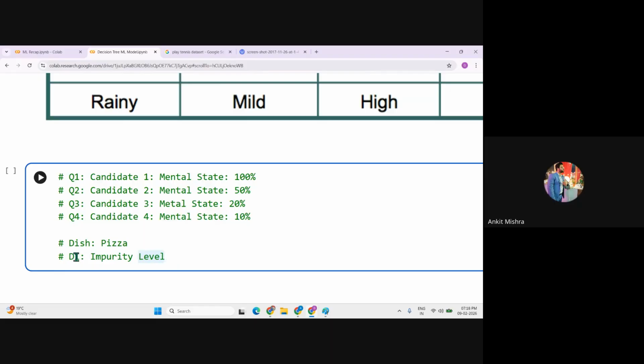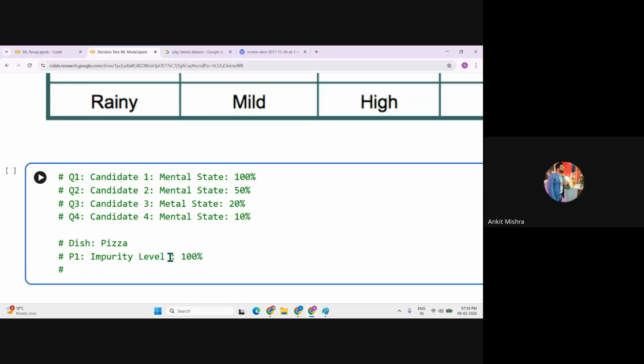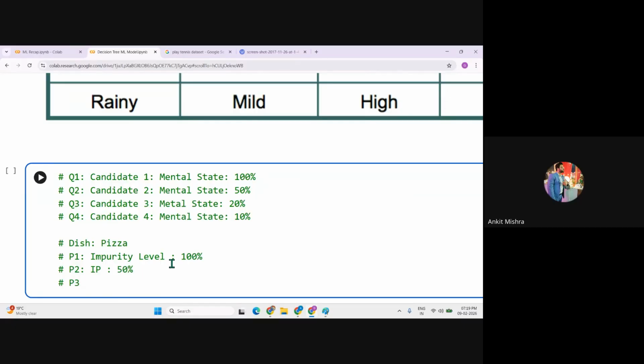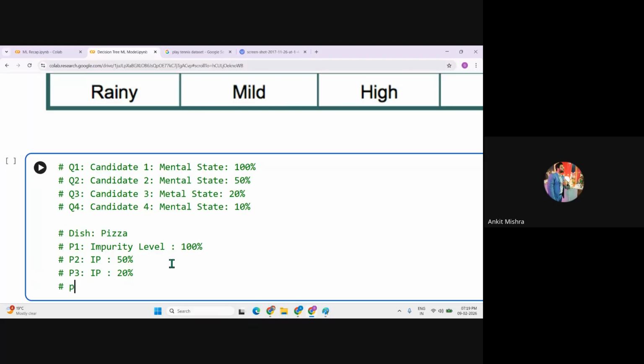So the first pizza, P1, has an impurity level of 100%. It's not the purity level, it's the impurity level. Same with pizza 2. Instead of writing impurity in full, I'll simply write IP. IP is the impurity. It's 50%. And same, P3, pizza 3, IP is 20%. And now in the P4 case, the impurity is 0%, which is ideal.